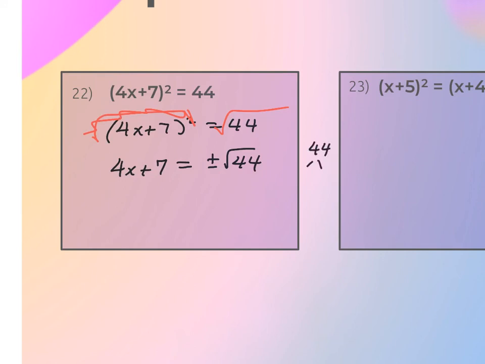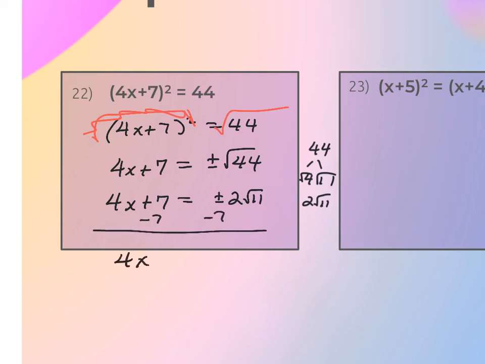44 I can break down into 4 times 11. So this becomes 2 square root of 11. So 4x plus 7 is equal to plus or minus 2 square root of 11. Move the 7. 4x equals negative 7 plus or minus 2 square root of 11.